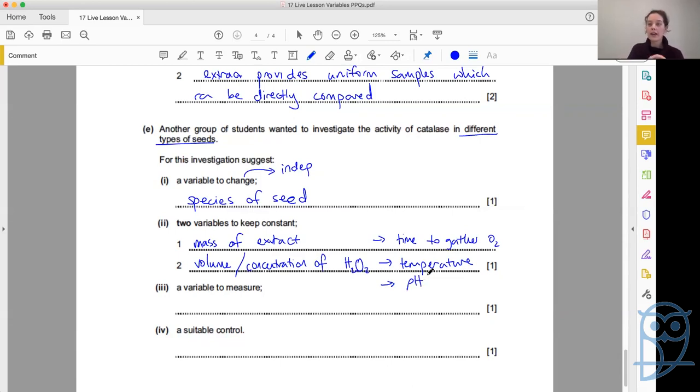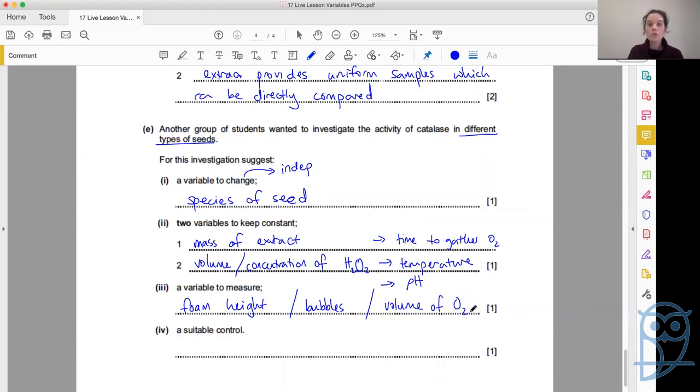So if we want to look at an effect, we have to control everything else. What are we going to measure? Well, we could measure foam height. We could measure bubbles produced, or we could measure volume of oxygen.